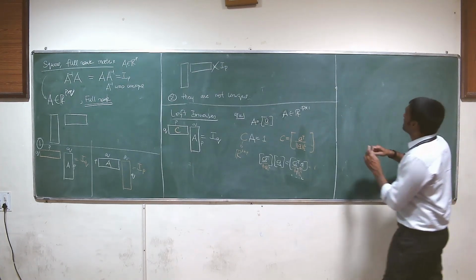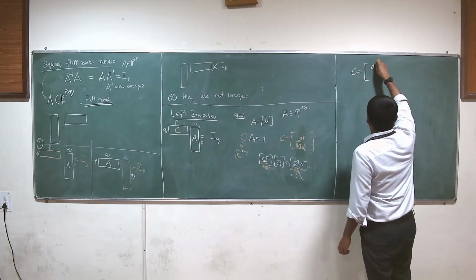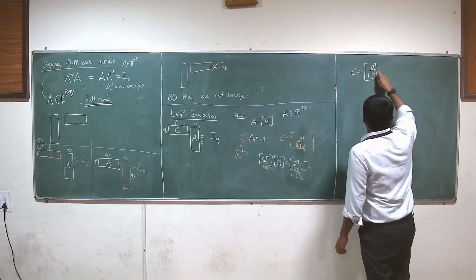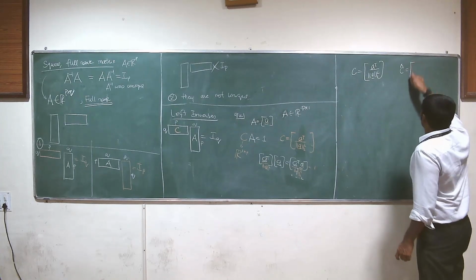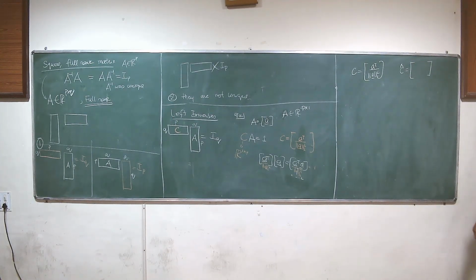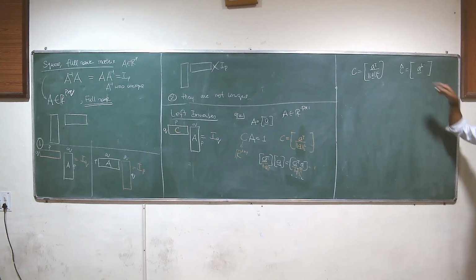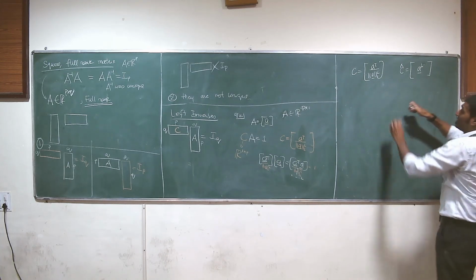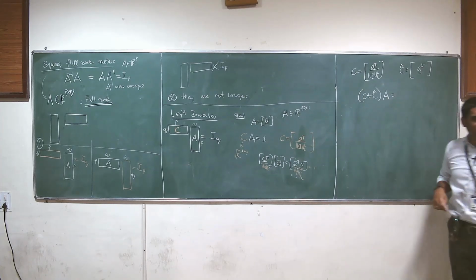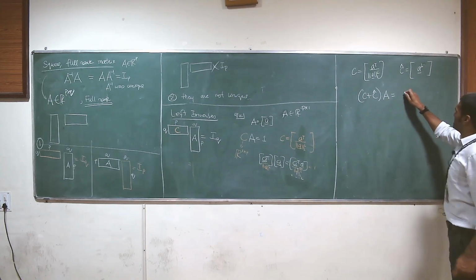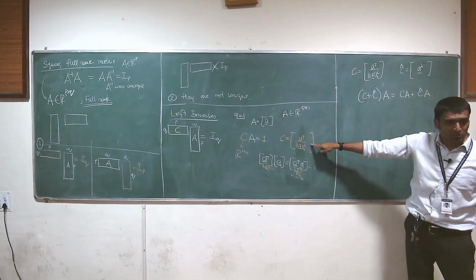Let's say I take this C, which is A transpose divided by the norm squared, this is my original C. Now I form another row which I call C cap, and this is simply any vector that is perpendicular to A. And if I add these two together, C plus C cap and A, if I multiply it inside, I get CA plus C cap A. I know CA gives me 1 because I've chosen C to be this.